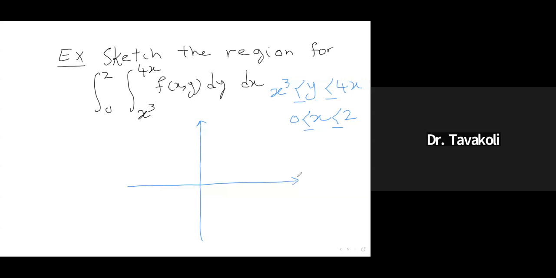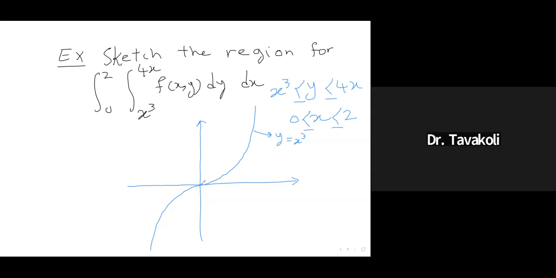As you know from more elementary courses, y equals x cubed, the cubic function, looks something like this. So this is y equals x cubed. And y equals 4x. Let me show it in a different color.